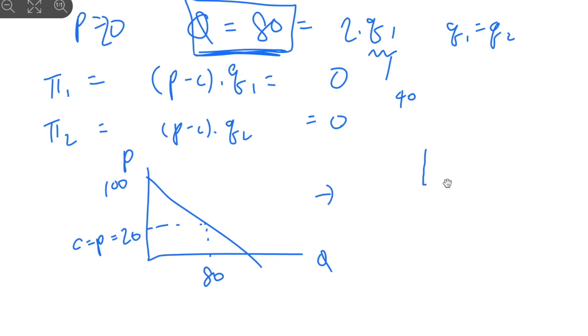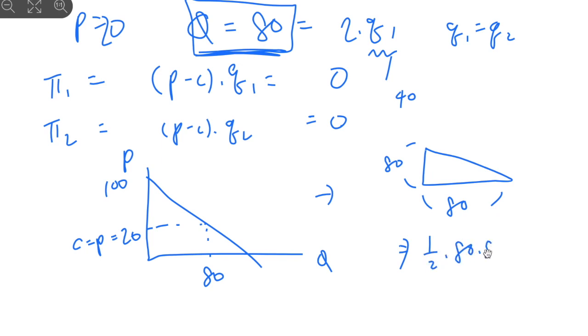So if we're detaching the triangle, we have 80 right there, and also 80 on the horizontal. So the dimension is half times 80 times 80, and we got 6,400 by half, and we have 3,200 of consumer surplus.